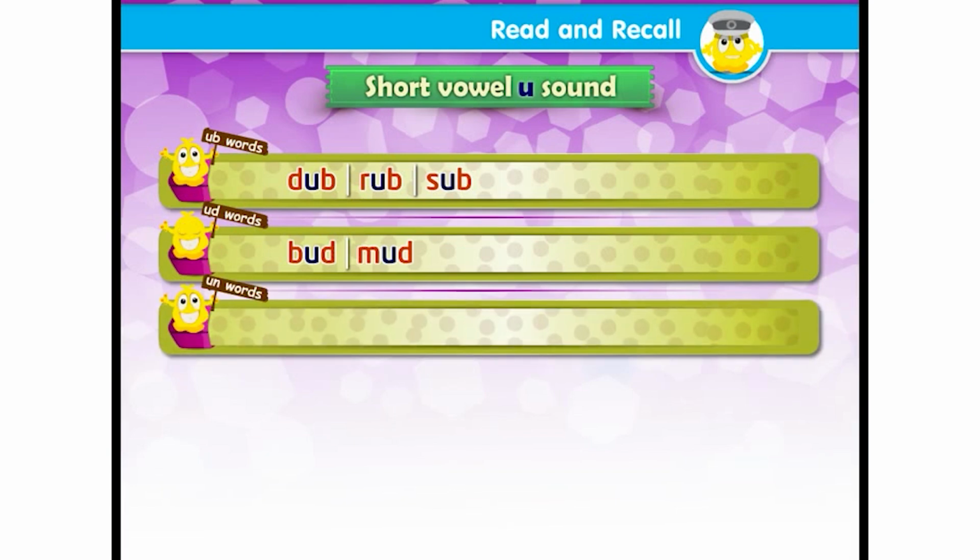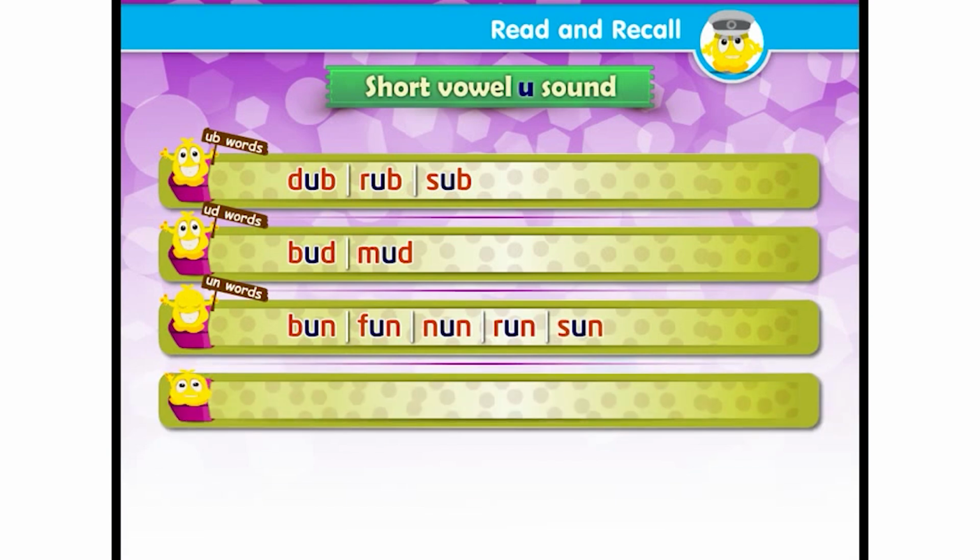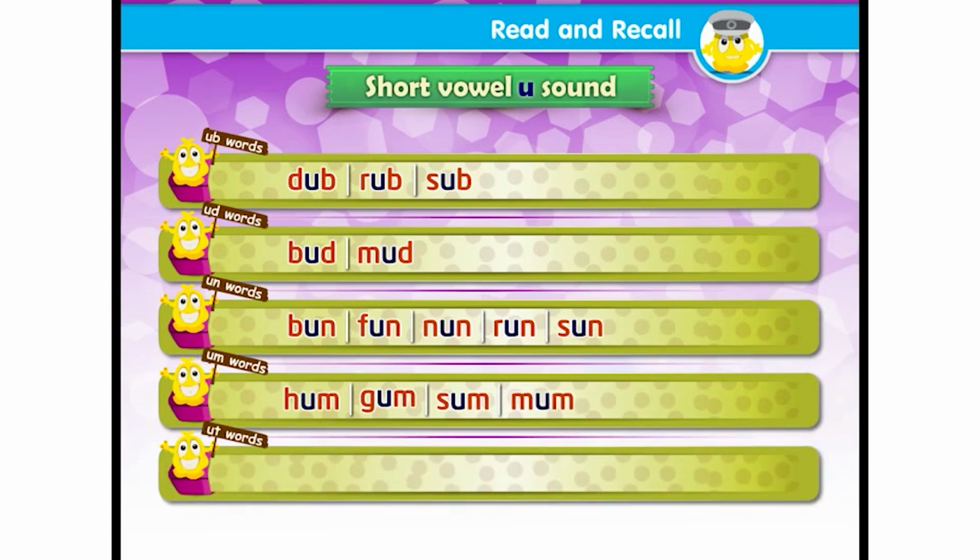Un words: bun, fun, run, sun. Um words: hum, gum, some, mum. Ut words: cut, but, nut.